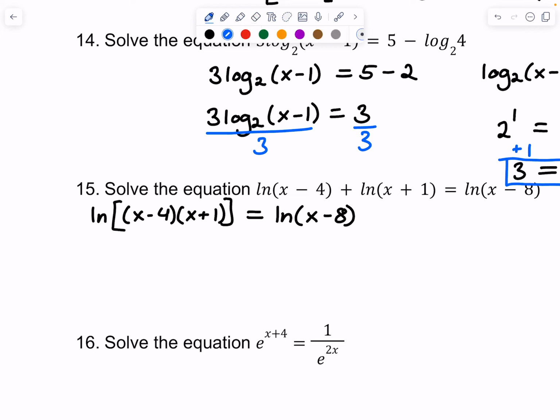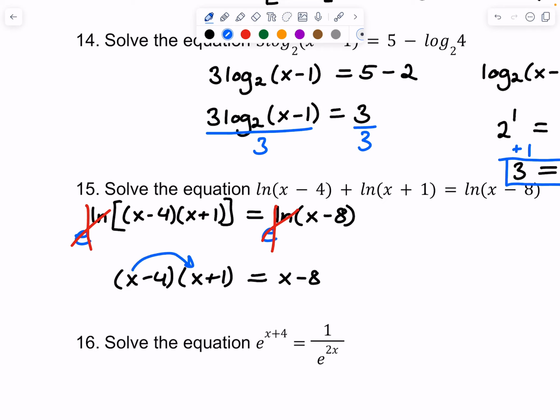So the way to undo it is to do e to the power. So I'm going to raise e to the power on both sides. And e to the and ln of cancel each other. And I'm left with (x minus 4) times (x plus 1) equals x minus 8.